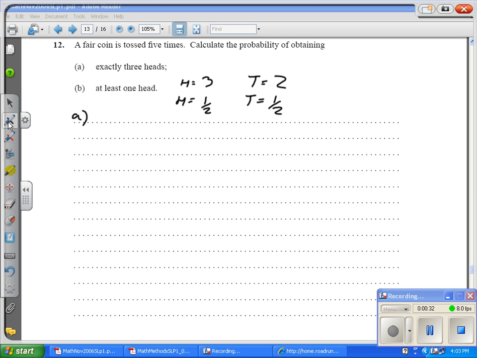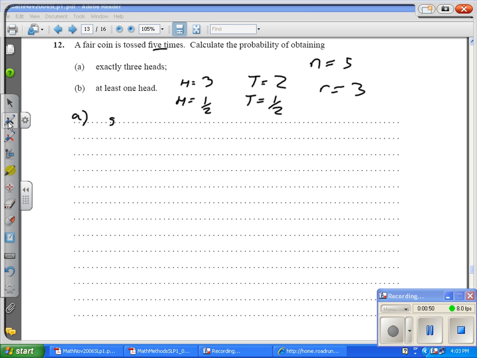So now, while getting the formula, we need to just write n over here is equal to 5, which is 5 times, which is the total, and r over here is 3, as we're supposed to get 3 heads.